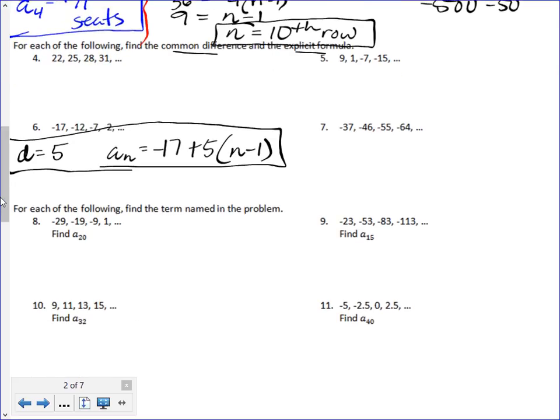Look at number 8. It says for each of the following, find the term named in the problem. So this says find the 20th term. Start off and say the 20th term equals. What comes first? -29. Bingo. And then what? Add 10 each step, so yep, plus 10.